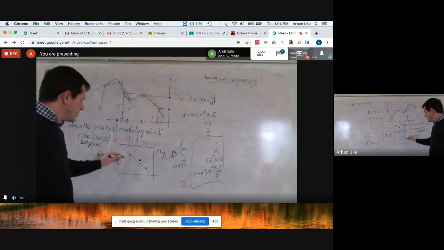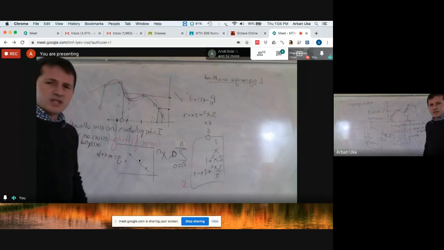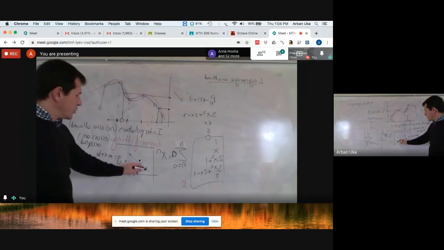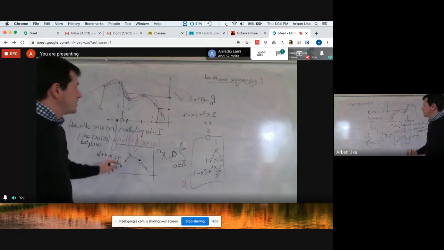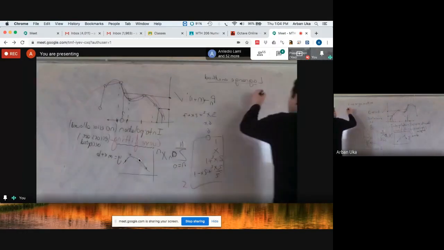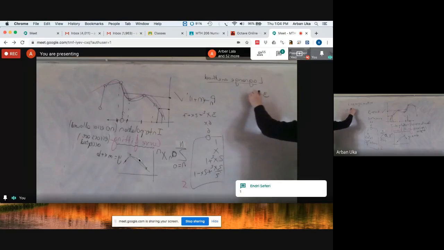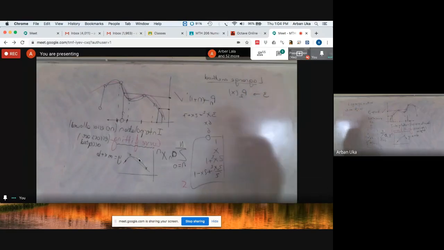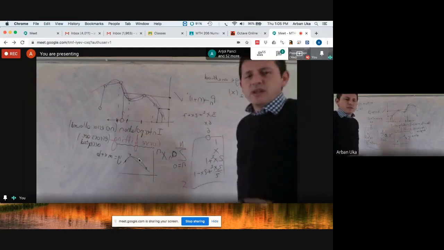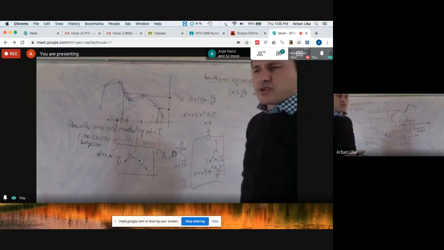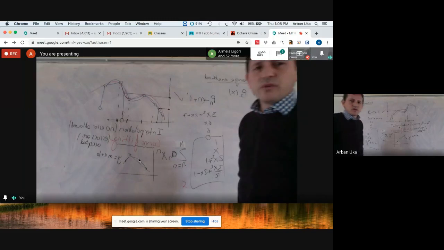Nëse kemi 3 pika, çfarë polinomi kalon midis 3 pikave? Një polinom i gradës 2 mund të kalojë midis 3 pikave. Pra, if we have 3 points, we need a polynomial p2 of x. Okay? Pra, mund të jetë një ushtrim shumë i thjeshtë. Jepen 3 pika, gjej një polinom, një funksion që kalon midis këtyre 3 pikave, është një polinom i gradës 2.